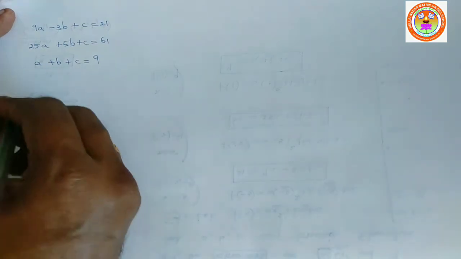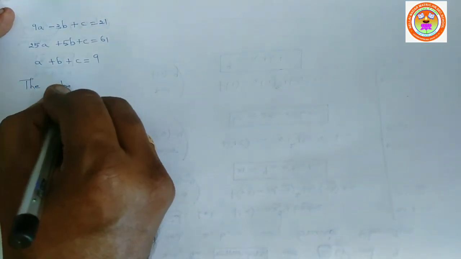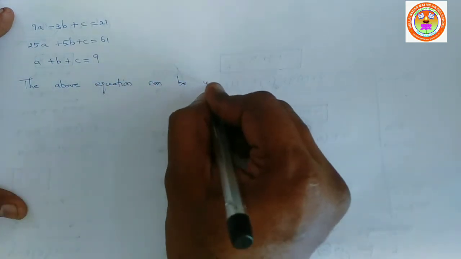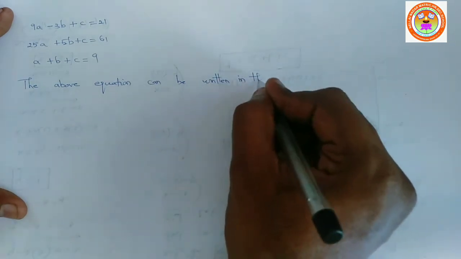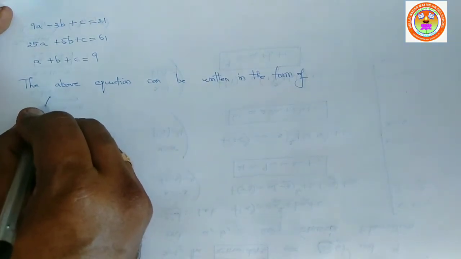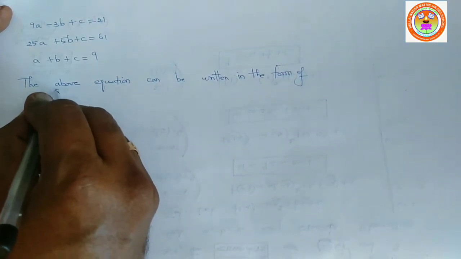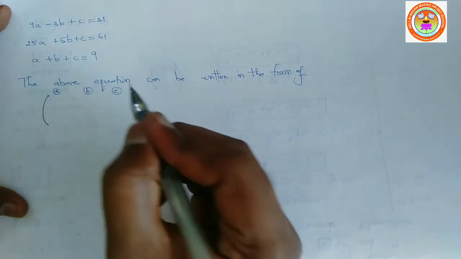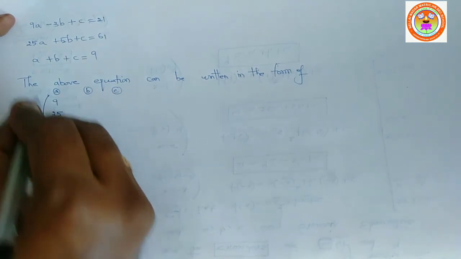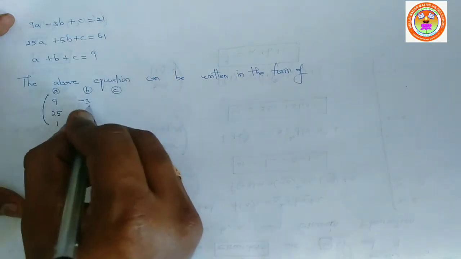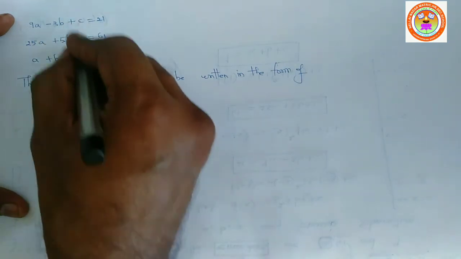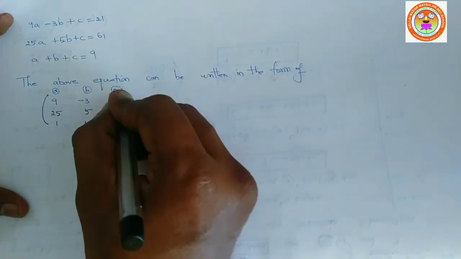These three equations can be written in the matrix inversion form. The a coefficients are 9, 25, 1; the b coefficients are minus 3, 5, 1; and the c coefficients are 1, 1, 1.